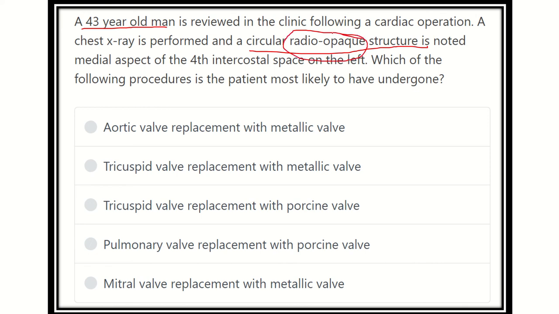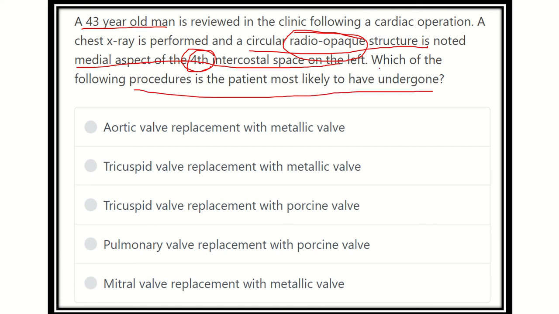A radio-opaque structure means a metallic structure present in his chest, and it lies medial aspect of the fourth intercostal space. Which procedure is the patient most likely to have had? That means what operation was done for the patient.